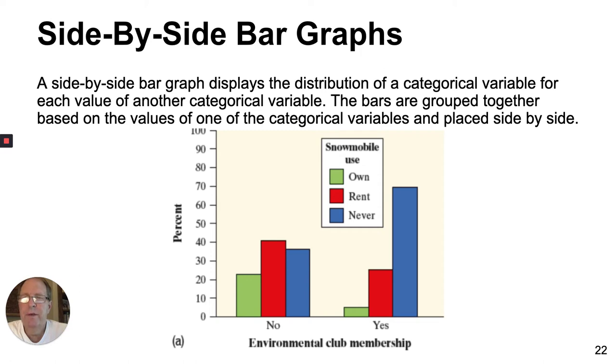A side-by-side bar graph displays the distribution of a categorical variable for each value of another categorical variable. The bars are grouped together based on the values of one of the categorical variables and placed side by side. So I group all of the bars for the people who responded no to environmental club membership together, and I group together all of the bars for the respondents who said yes. These are side-by-side bar graphs.